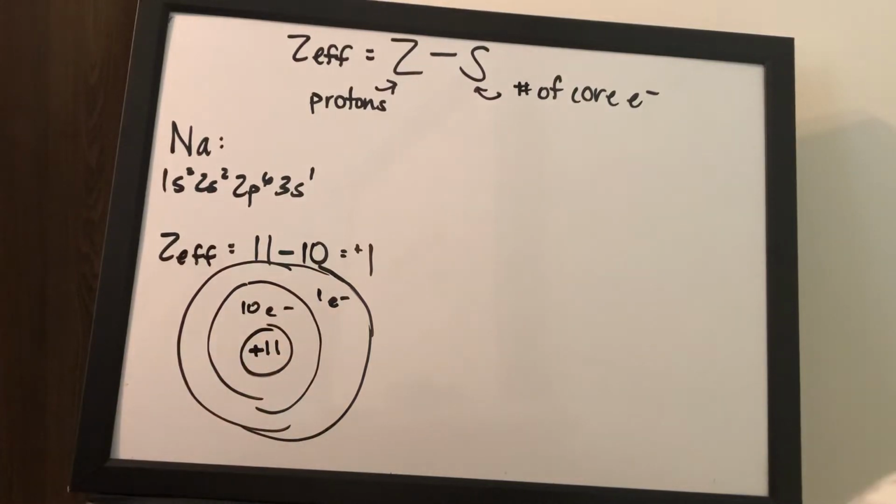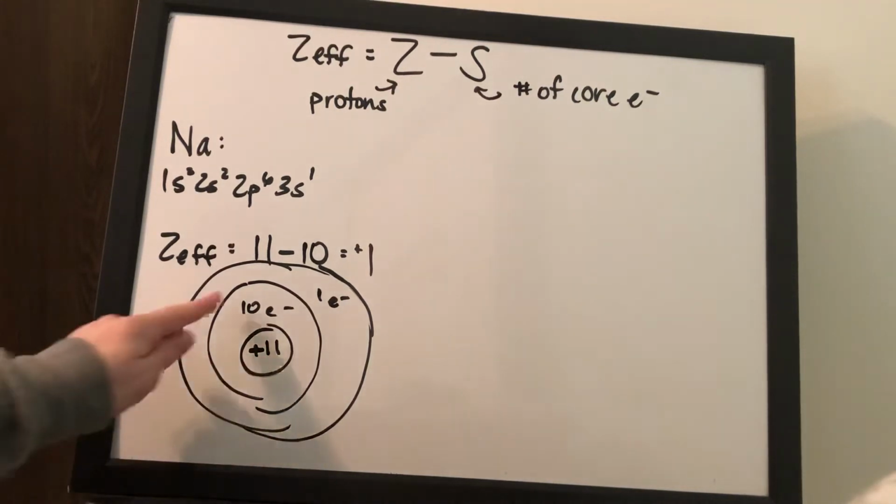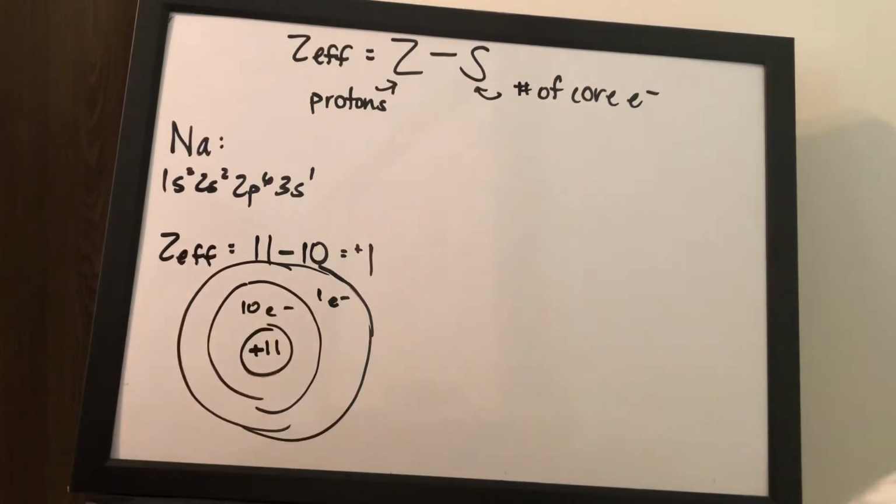Well, before we started this discussion, you might be inclined to say it's experiencing a positive pull of 11. But it's not, because these 10 core electrons are in the way. That's that idea of shielding. So we do this little formula to think about what that electron is really feeling. It's not feeling a pull of 11. It's really only feeling a pull of 1, because these 10 core electrons get in the way.